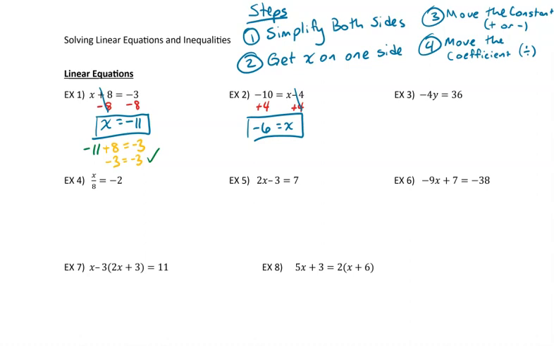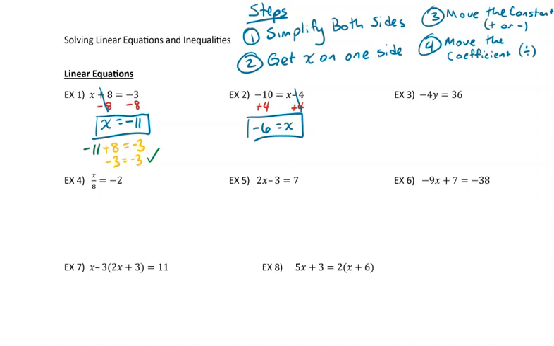Third example. So in this one, we have negative 4y equals 36. So negative 4y really means negative 4 times y. So that's a multiplication, right? So if we want to get rid of multiplication, then we're going to divide.